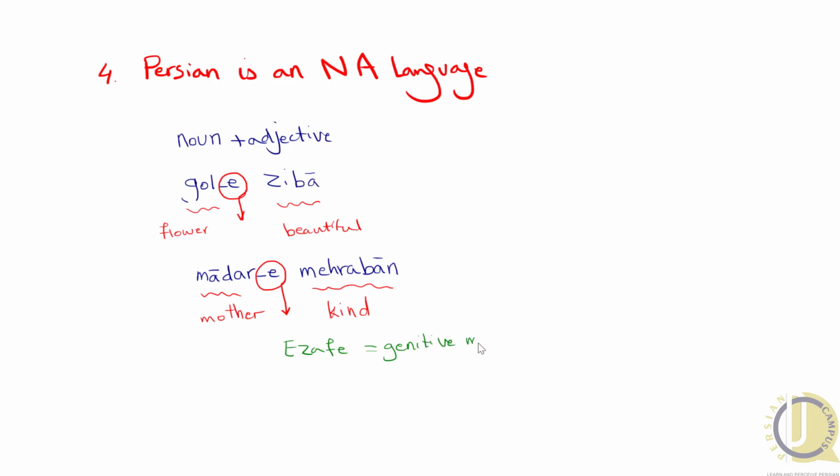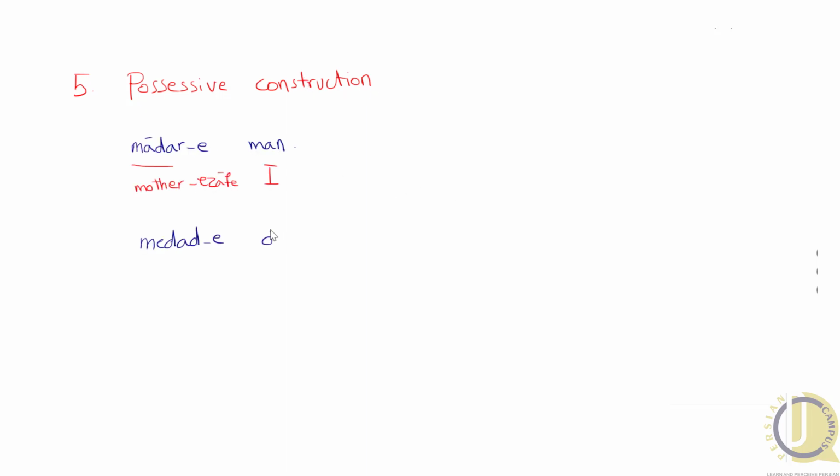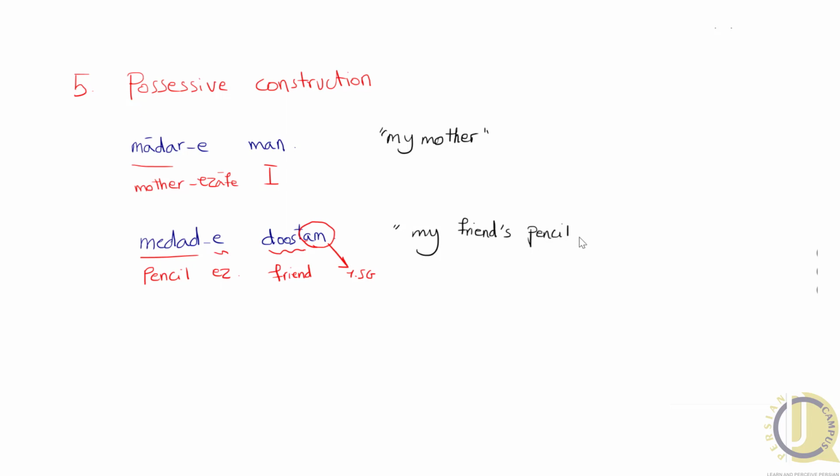We use this E or اضافه marker for our fifth feature too, which is linking two or more nouns to each other, as in possessive constructions. مادر من, my mother. مداد دوستم. مداد is pencil, E is اضافه marker, دوست means friend, and am is a possessive pronoun. My friend. Together, it means my friend's pencil.